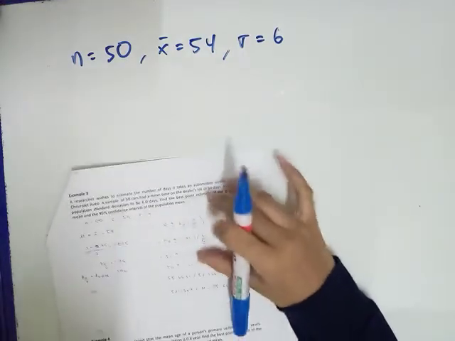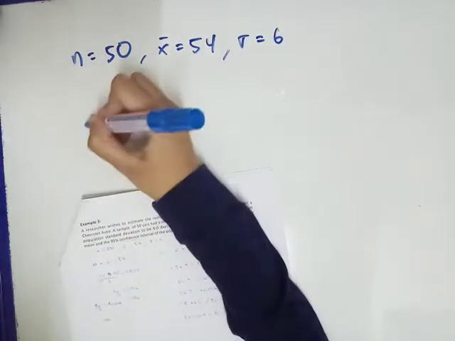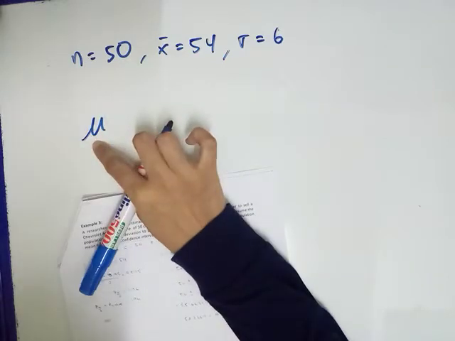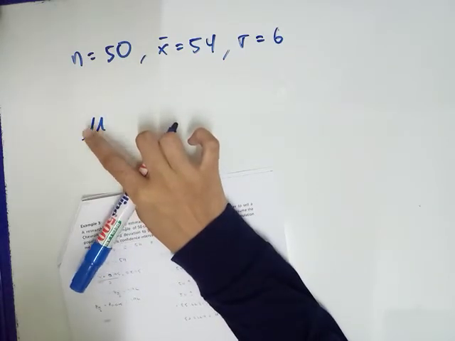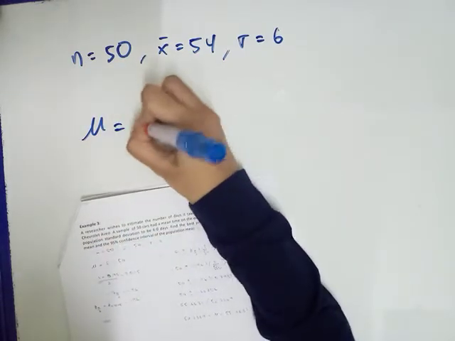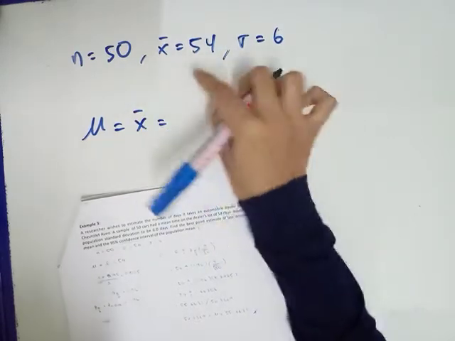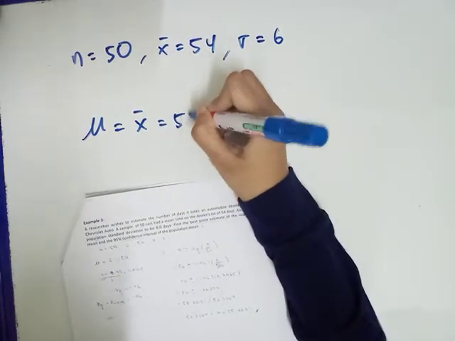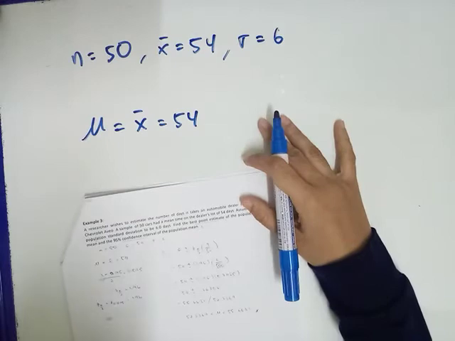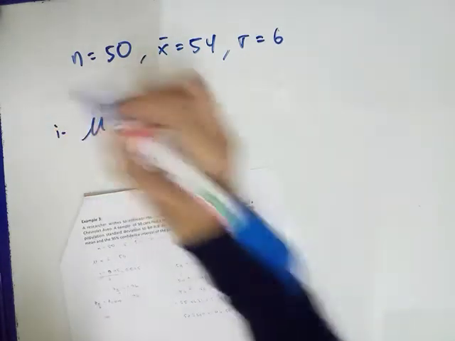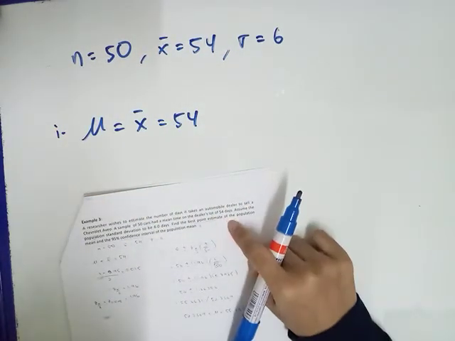For the best point estimate of the population mean, we know that it is the sample mean. So the sample mean is 54, and this is the answer for the best point estimate of the population mean.